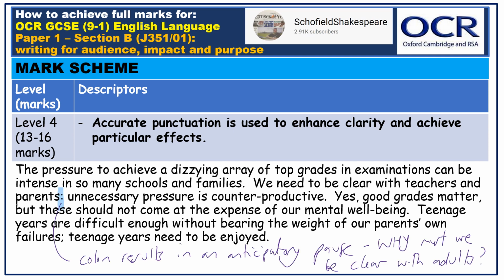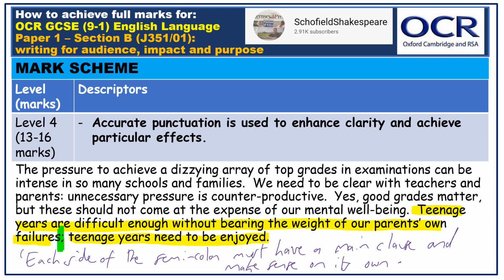The colon is used as the clause "unnecessary pressure is counterproductive" explains and expands upon the need for teenagers to be clear with adults in their lives. Meanwhile, the semicolon creates a nice feeling of symmetry and aids the repetition for effect of "teenage years".